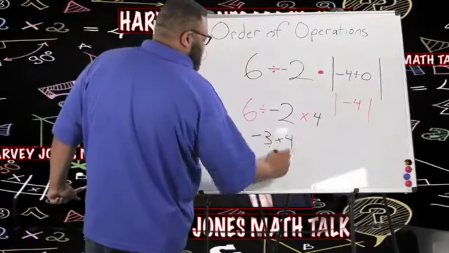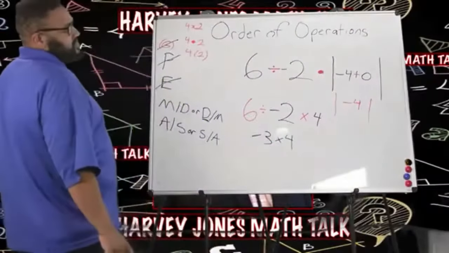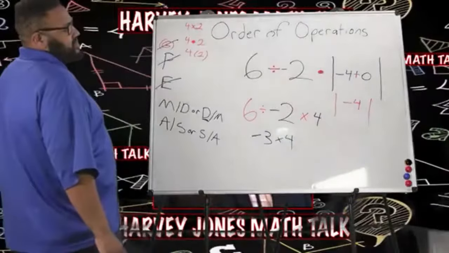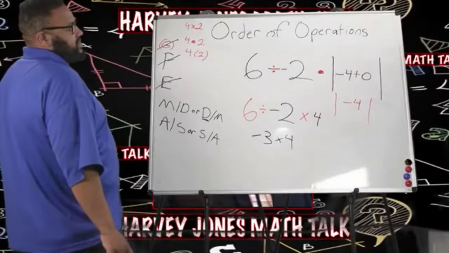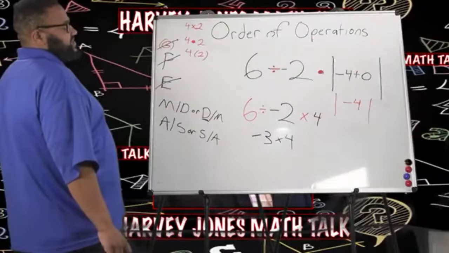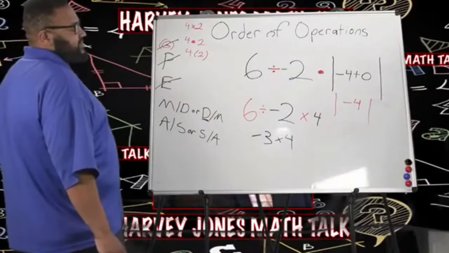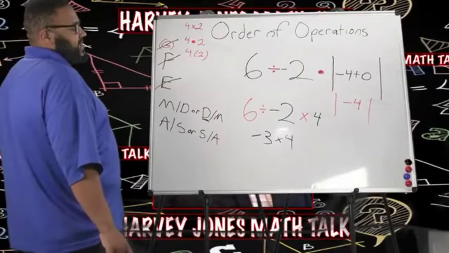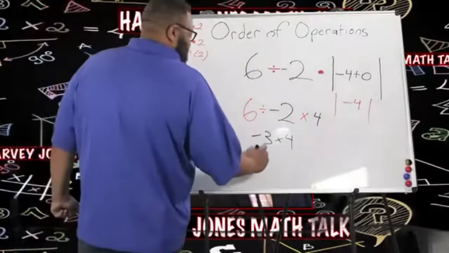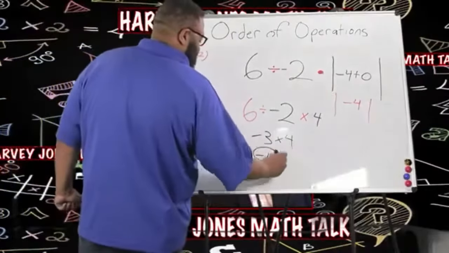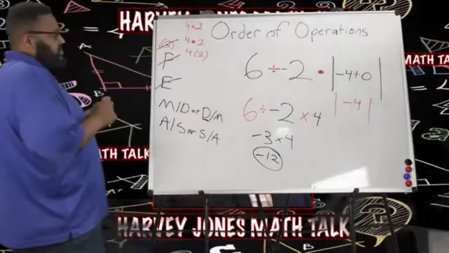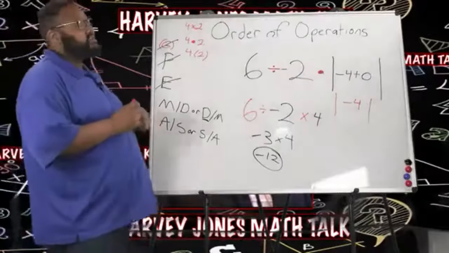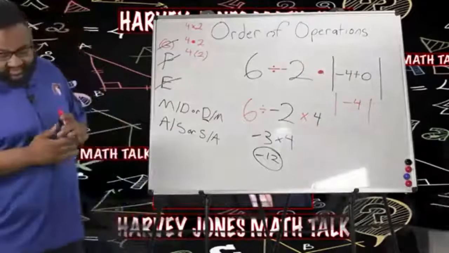I'll check that later on, and bring down your 4. Negative 3 times 4, and that would be a negative 12. Questions or concerns?